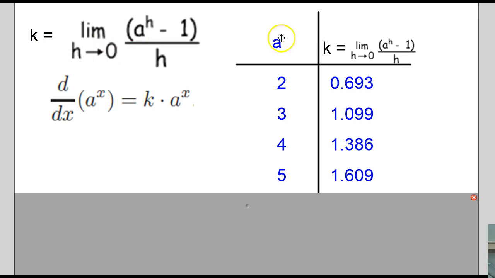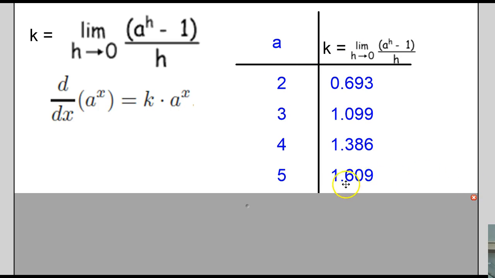So we look at this k value, which is that limit, and I made a table to summarize the results. We see that as a increases, this k value also increases, but the k value is always positive. So now I have a way of determining the derivative of a to the x. It's a multiple of a to the x, and that multiple varies based on whatever a is.